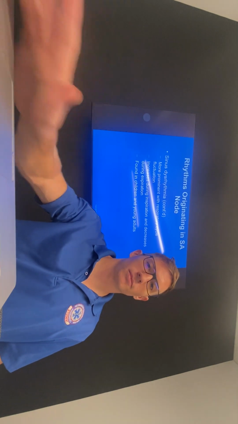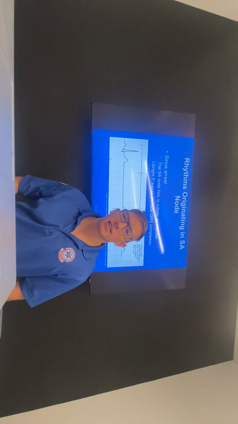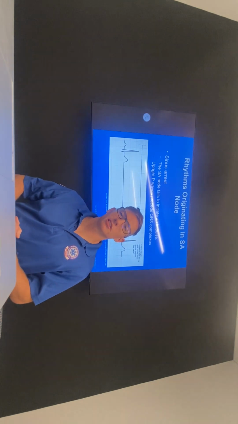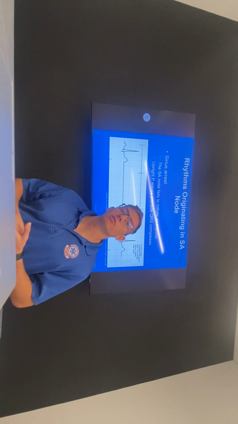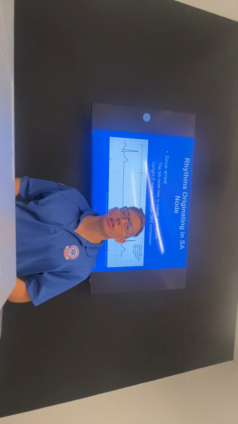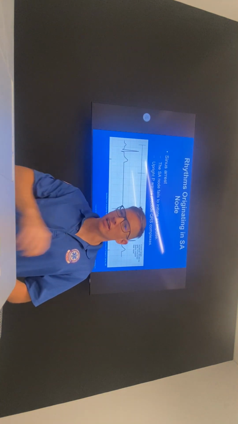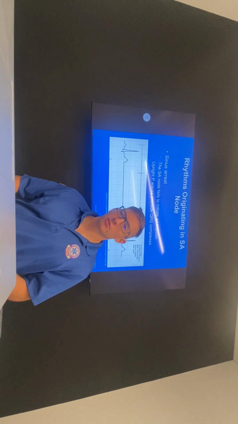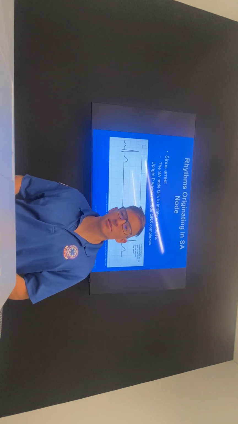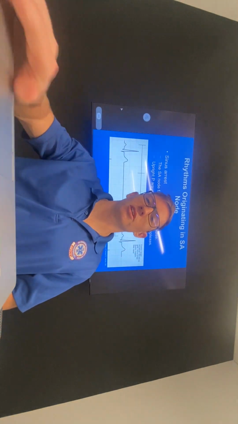So more prominent with the respiratory cycle. Sinus arrest. The SA node fails to initiate an impulse, which eliminates the P wave, the QRS complex, and the T wave for one cardiac cycle, and then resumes normal functioning. The atrial and ventricular rates usually begin within normal limits and regular rhythm, except for absent complexes. The upright P wave precedes every QRS complex still, and the PRI, when present, is 0.12 to 0.2. Sinus is pretty normal.